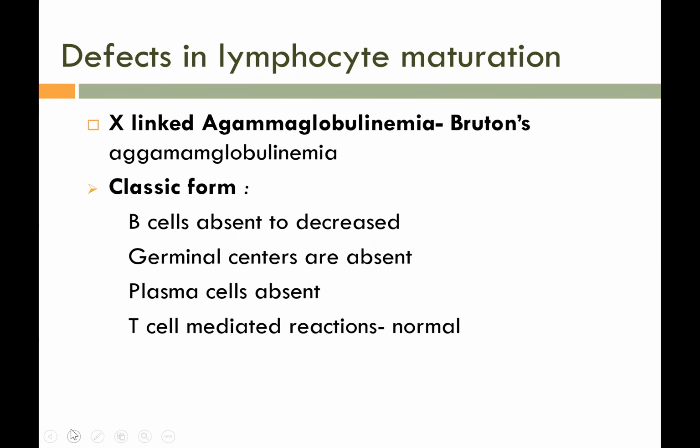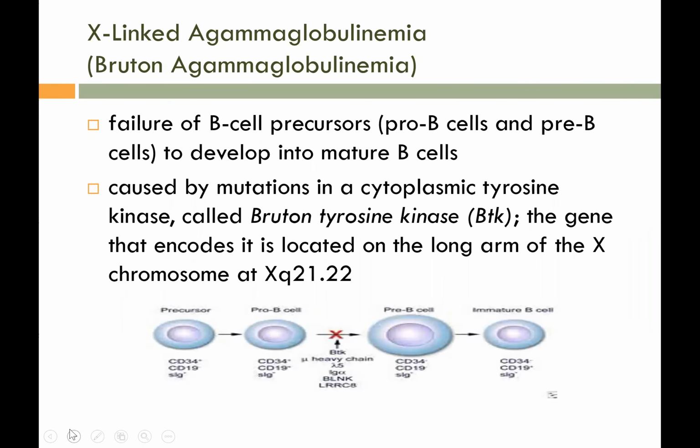Now, for defects in lymphocyte maturation, I have already said a while ago in the introduction, we have Bruton's. So the B in Bruton should remind you that the problem also would be the B cells. And as I have mentioned in the introduction also, do not forget that the problem is the BTK mutation.